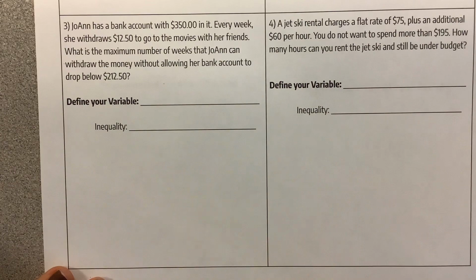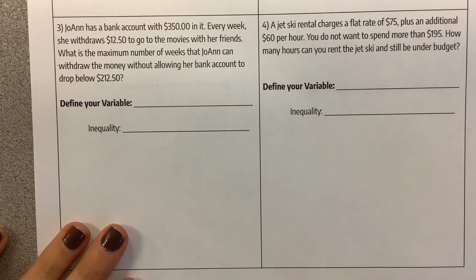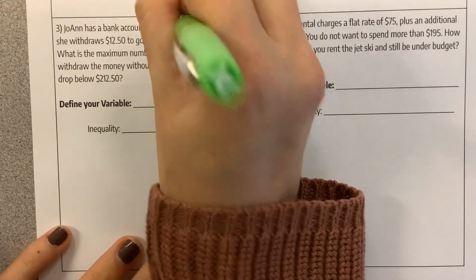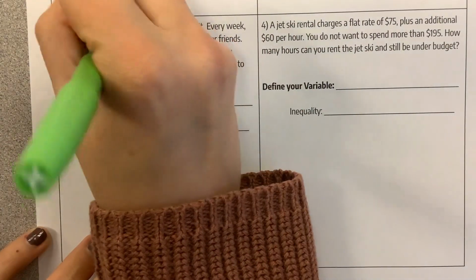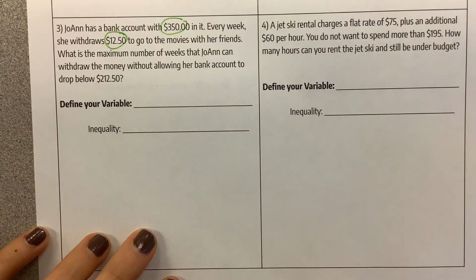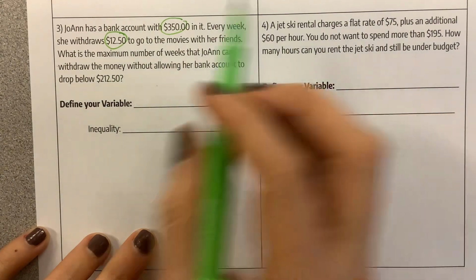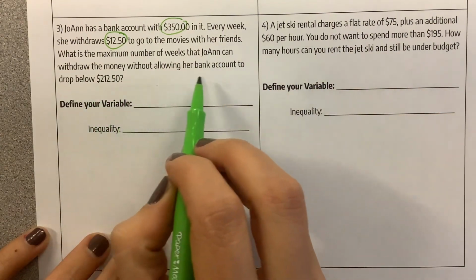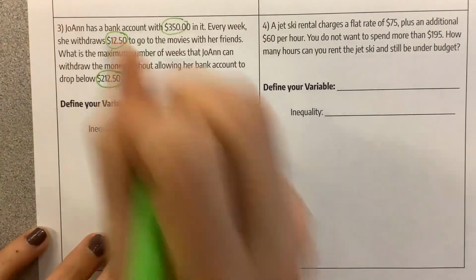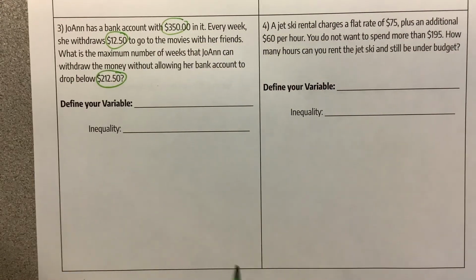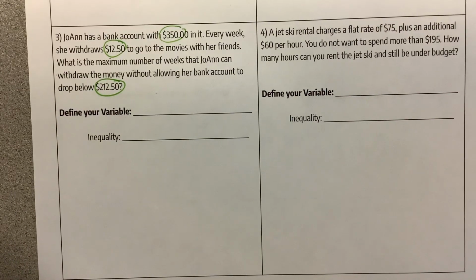Okay, next up, Joanne has a bank with $350 in it. Every week, she withdraws $12.50 to go to the movies with her friends. What is the maximum number of weeks that Joanne can withdraw the money without allowing her bank to drop below $212.50? So, couple things to think about here.